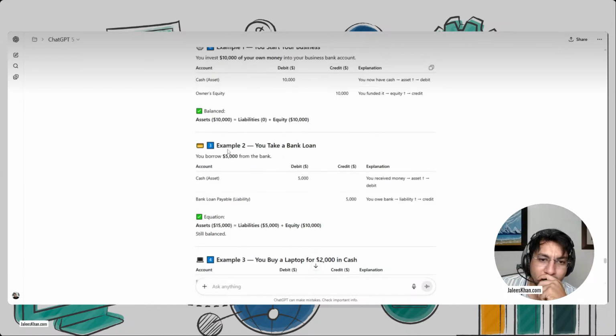Example two, you take a bank loan, you borrow 5,000 from the bank. Cash, yes, it's landing in my asset. It's cash, so it's in debit. Bank loan payable, liability, from where it came. It is the 5,000, which is credit.